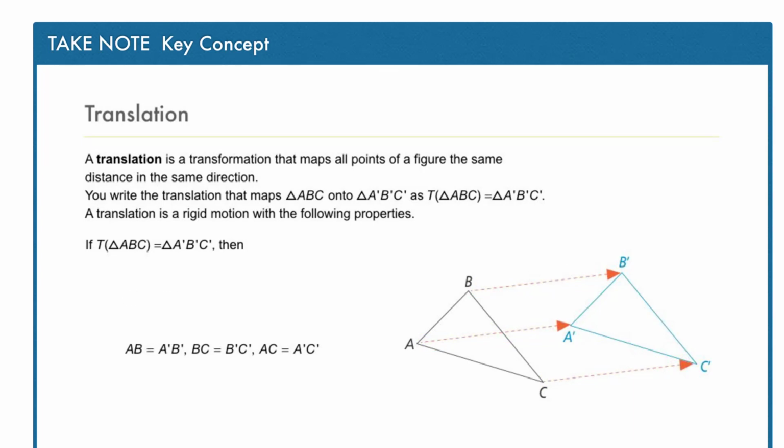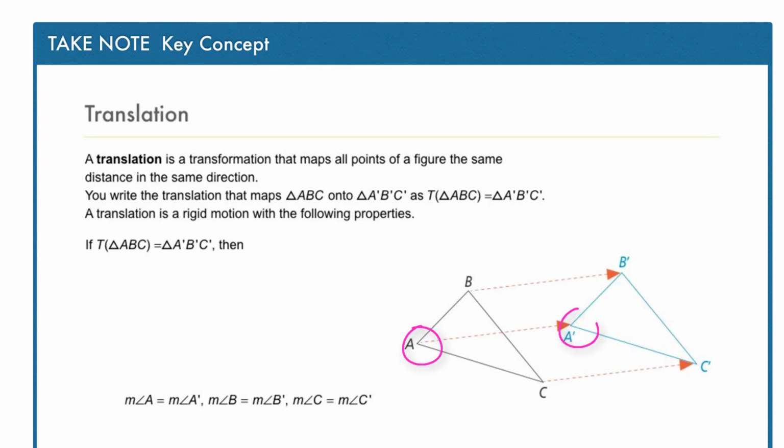Also, the distance AB equals the distance A prime B prime, as do the distances BC and B prime C prime, and AC and A prime C prime. Finally, the measure of angle A equals the measure of angle A prime, the measure of angle B equals the measure of angle B prime, and the measure of angle C equals the measure of angle C prime. So angle measures are preserved as well in a translation.